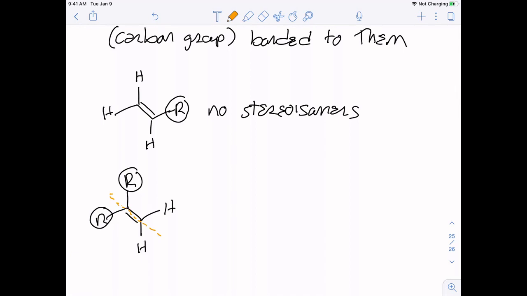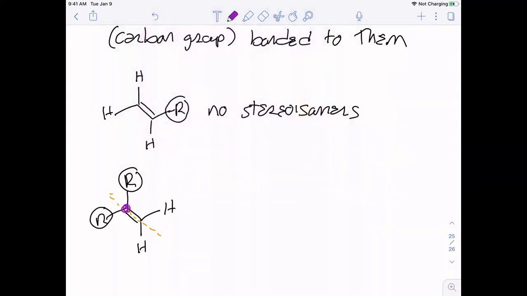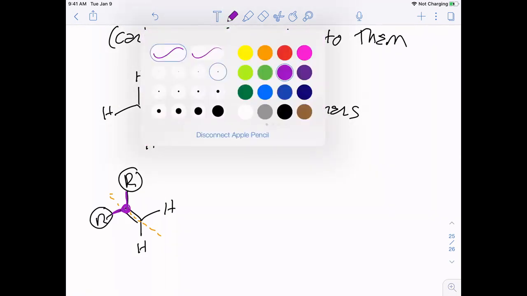If I was to draw it where I had them on the carbon where the two hydrogens are, it's the same thing, just flipped over. So something like this, where they're on the same carbon, they're both attached to this carbon. I'm not going to have stereoisomers either.